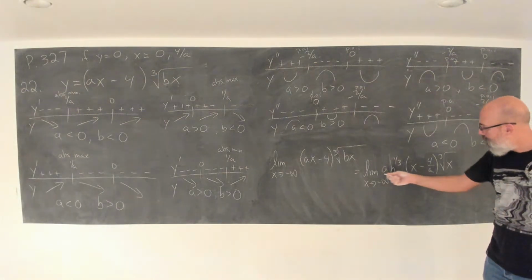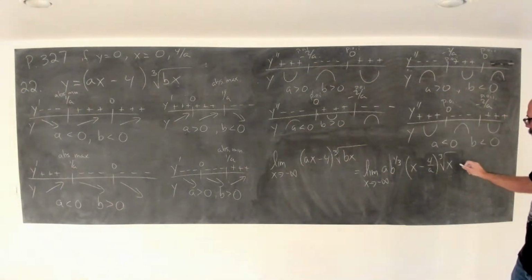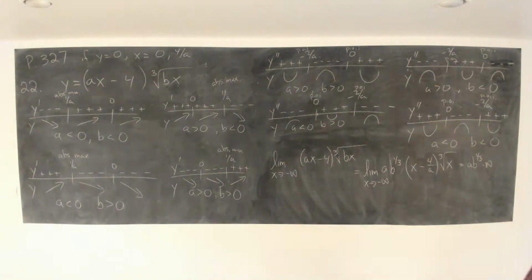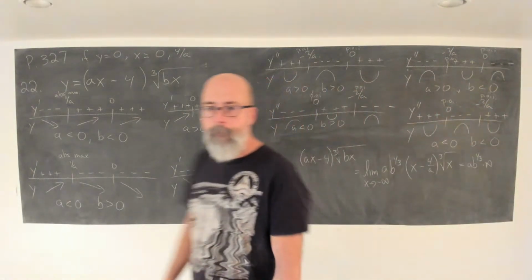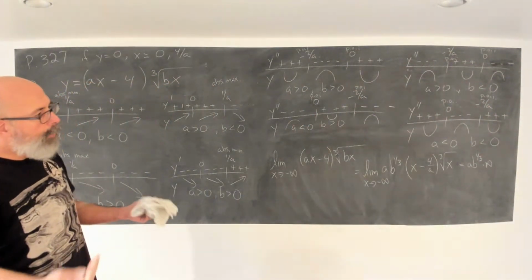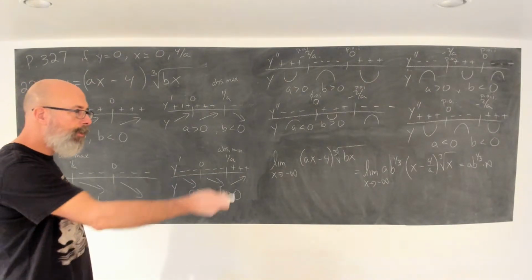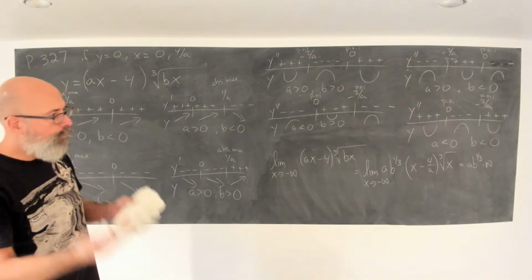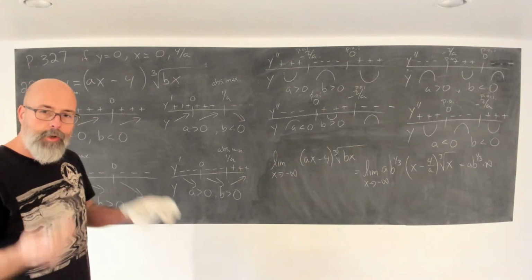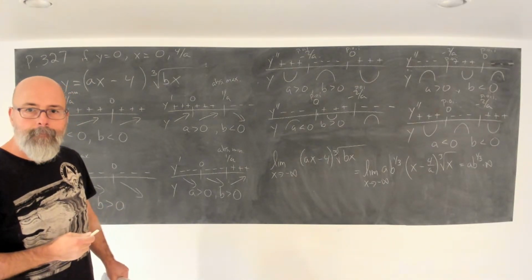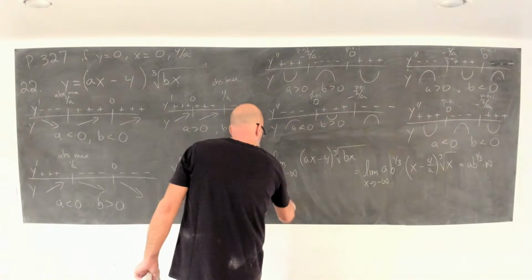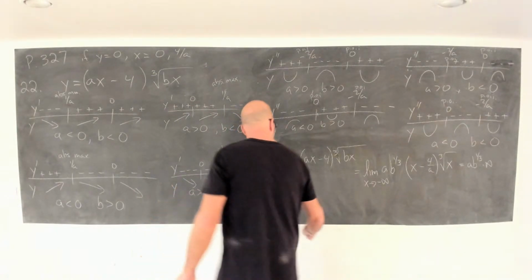And so it's going to depend on the sign of this. So let's say AB times infinity. So if both A and B are positive, then it goes to positive infinity. If both A and B are negative, it goes to positive infinity. If one is positive and the other is negative, then it goes to negative infinity. And similarly, limit as x goes to infinity.